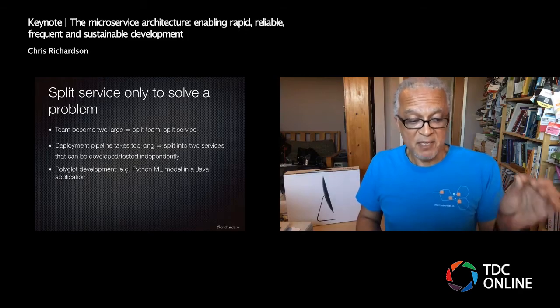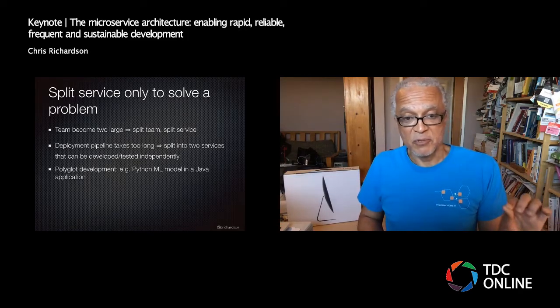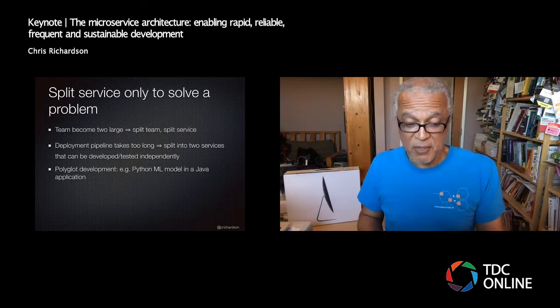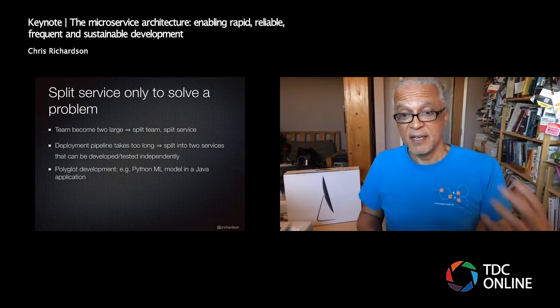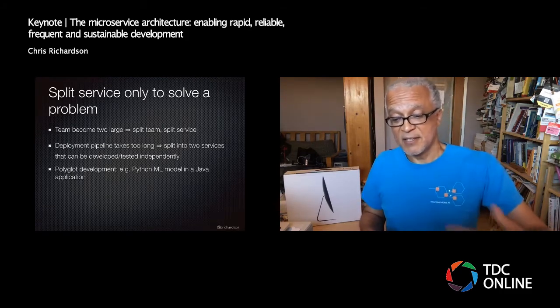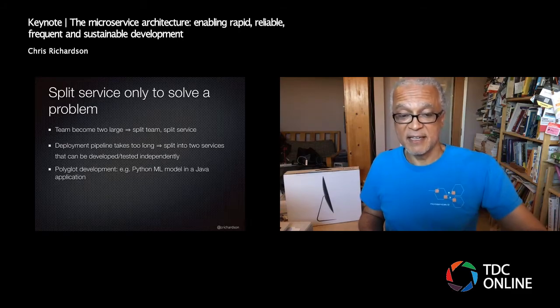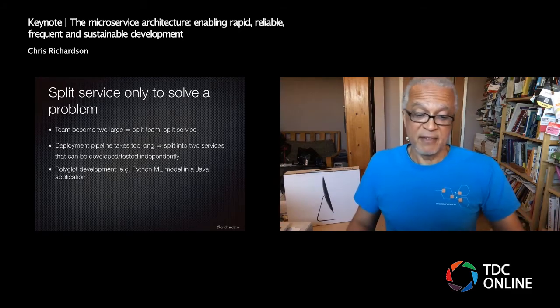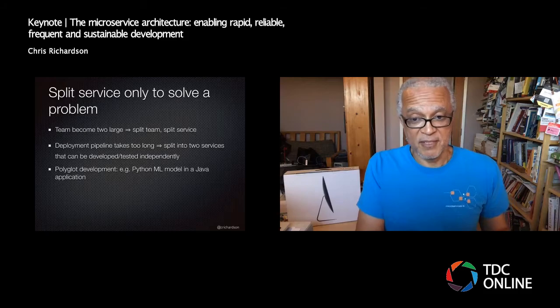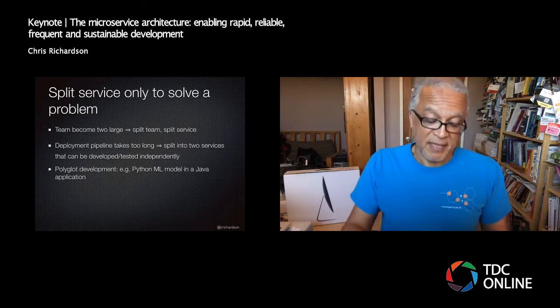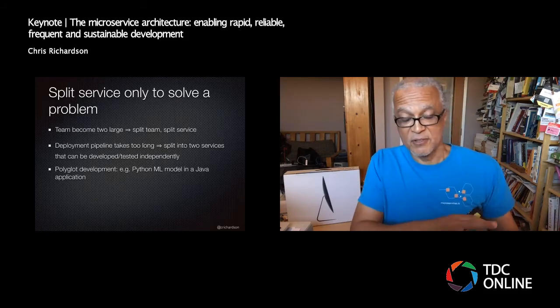There can also be some technical reasons for having multiple services. One common pattern that I've seen is where an organization has some machine learning data experts, right? And they've created a machine learning model that's implemented in Python, yet the rest of the organization is using Java.